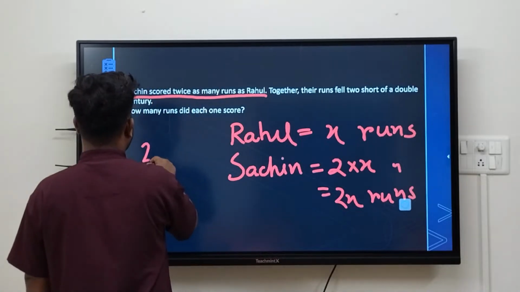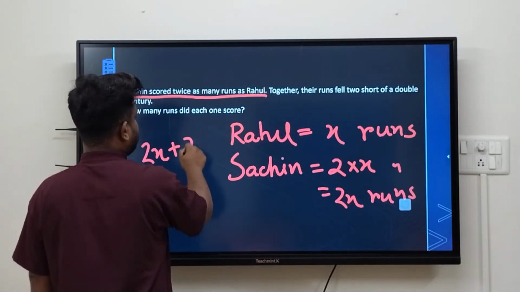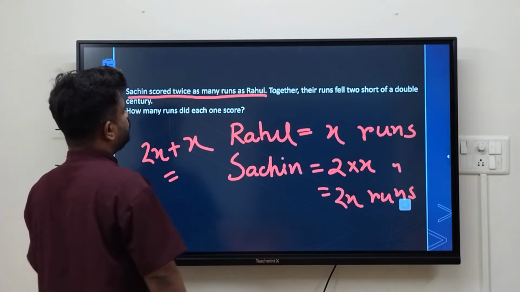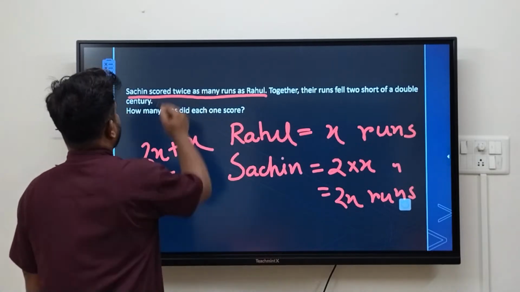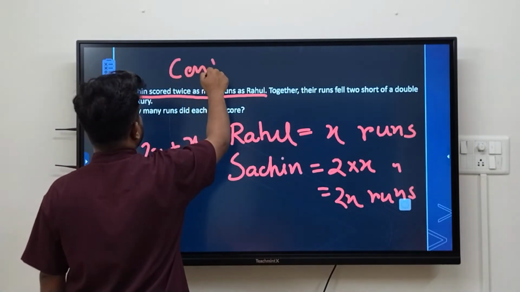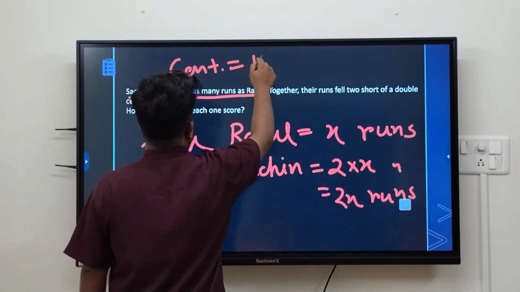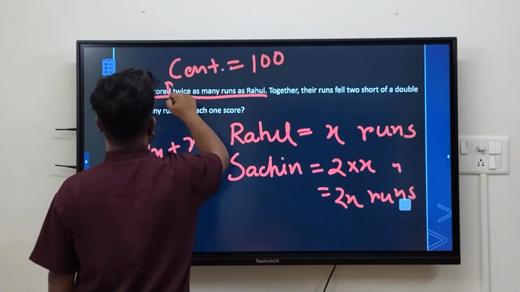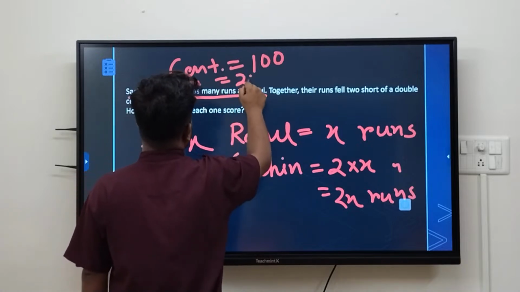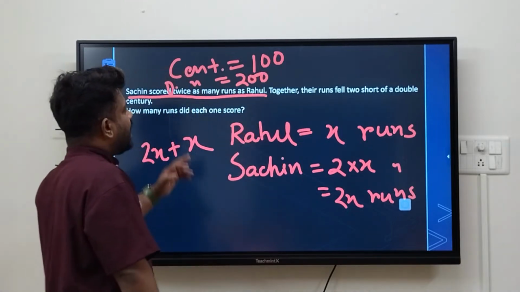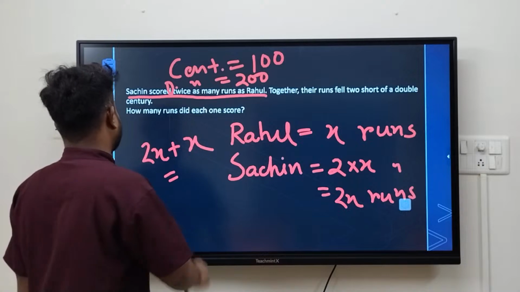Together 2x plus X runs is falling too short of a double century. A century means 100 and the double century will be 200, and they are 2 runs short from the double century.